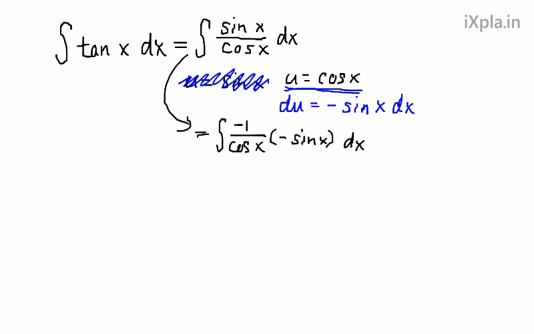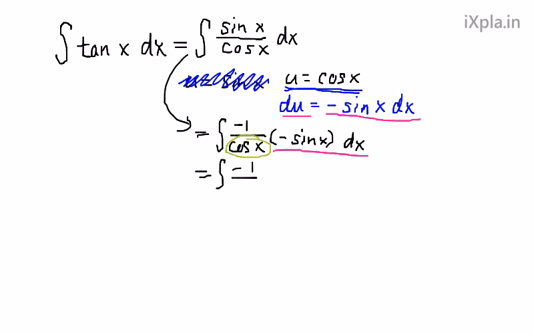So the two minus signs that have been introduced will cancel each other out, so that what's written here and what's written here are actually equal. But the whole point of introducing those minus signs is, well, now this negative sine of x dx is exactly du right there.